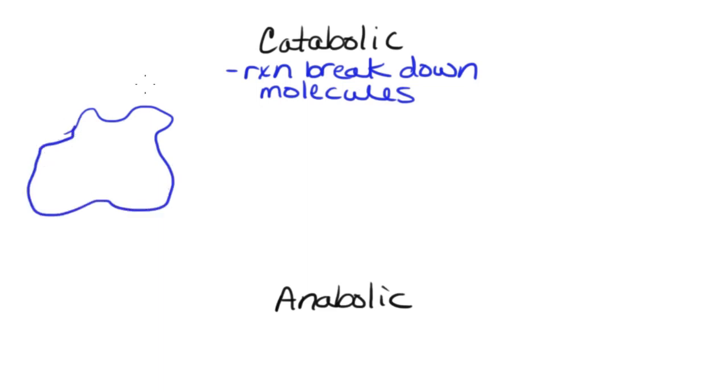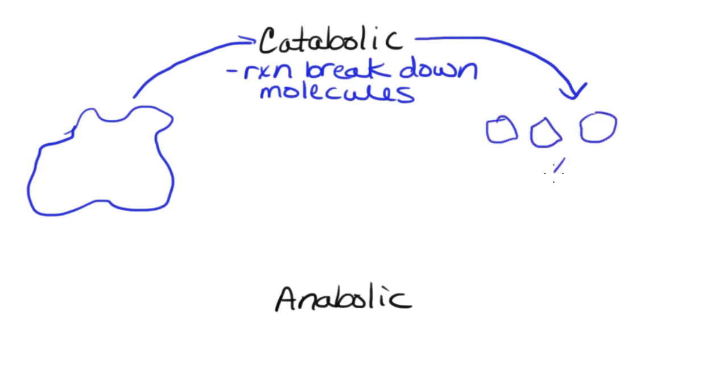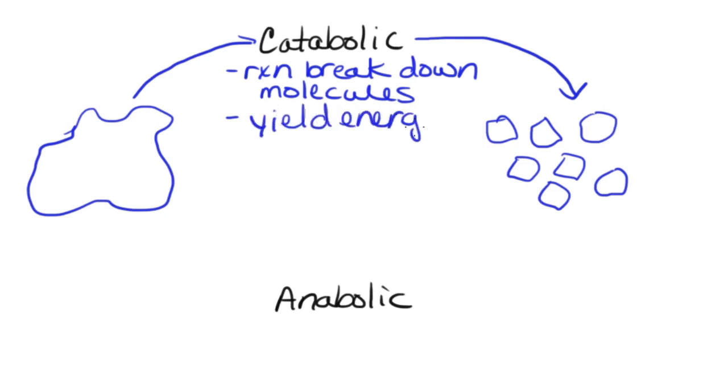So large molecules, we're going to have a catabolic reaction take place, or a bunch of catabolic reactions take place. And the end result is that we break this into simpler molecules or individual little pieces. Now the point of all of this is because when we do run catabolic reactions and we break down these complex molecules into smaller molecules, the end result is that this is going to yield energy. And that is clearly something that the cell is going to want.